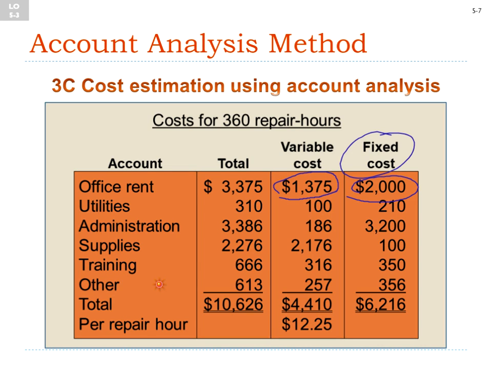Again, they're breaking down these numbers into a fixed cost and variable cost, and then from there they total up fixed cost. It adds up to 6,216, and then variable cost is 4,410. So to get to 12.25, you just take your 4,410 divided by your 360 hours, and you get $12.25 per repair hour.